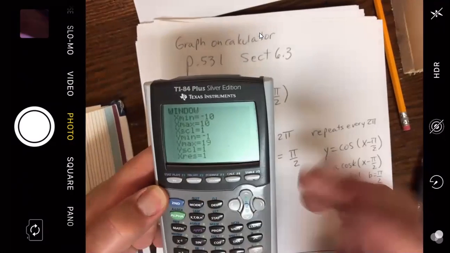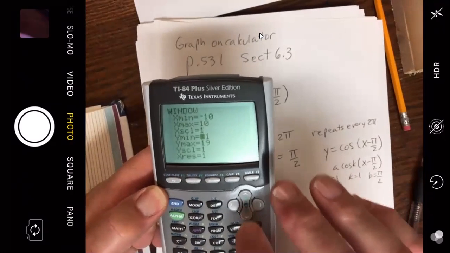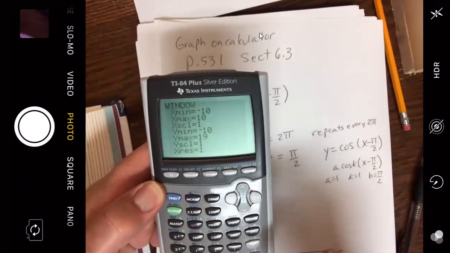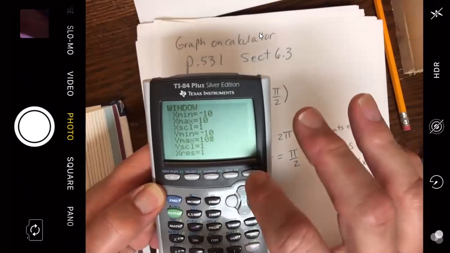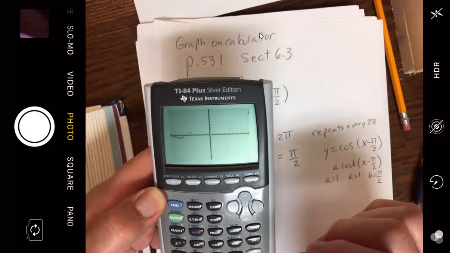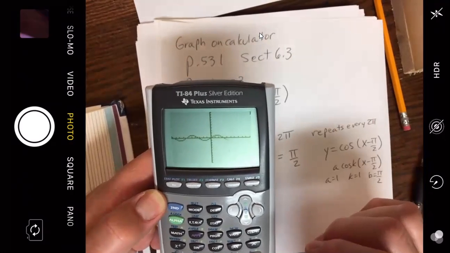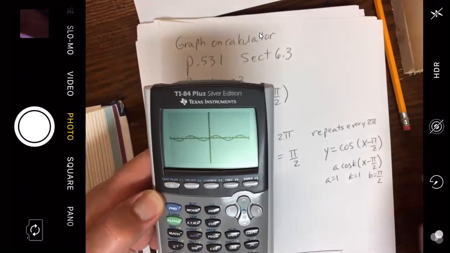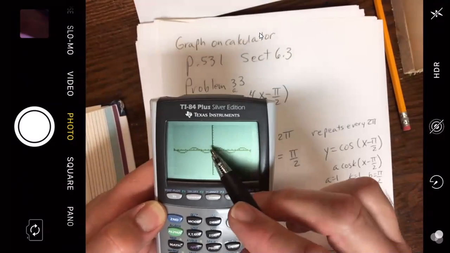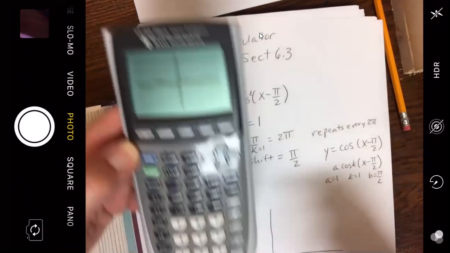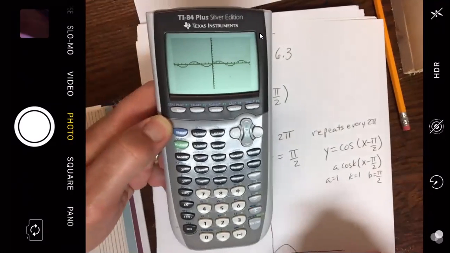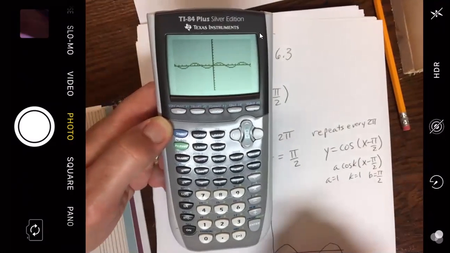You can pretty much keep your standard window: negative 10, 10, 1, negative 10, 10, 1, negative 10, 10, 1. Now I said a cosine kind of starts high at the y-axis. That's a pure cosine. This thing has been shifted. It actually looks like a sine. So this one is going up and down through the origin.